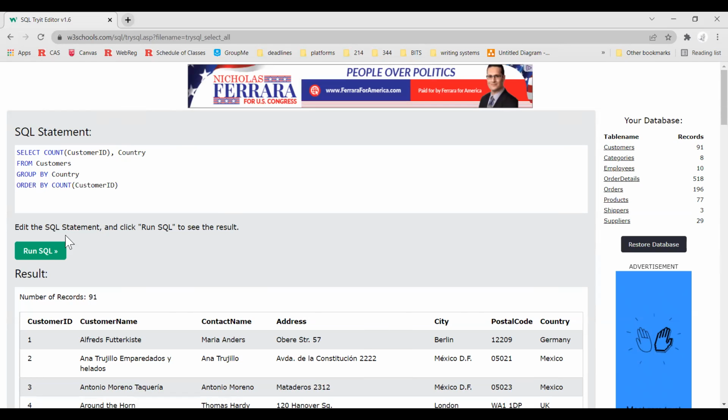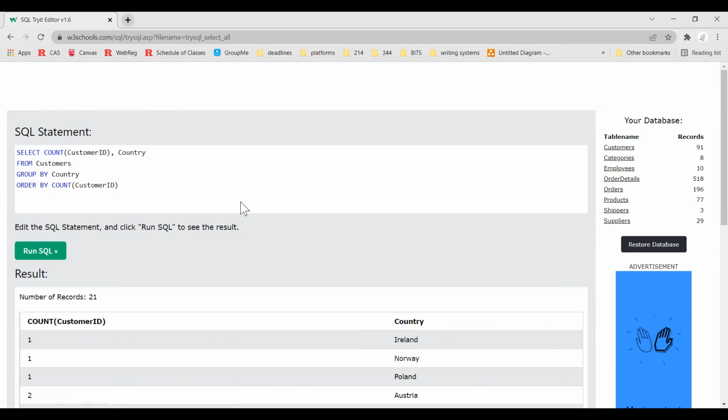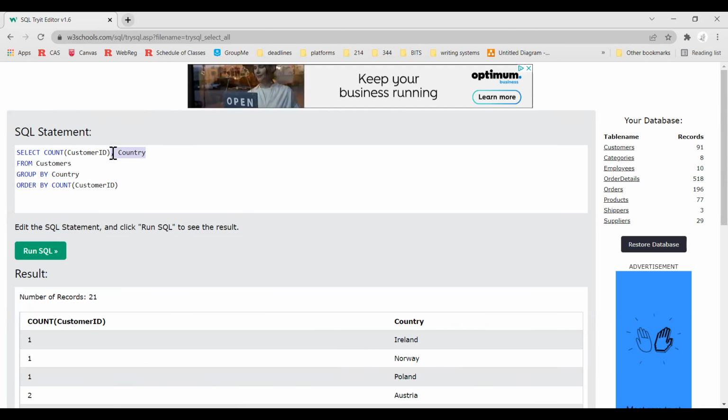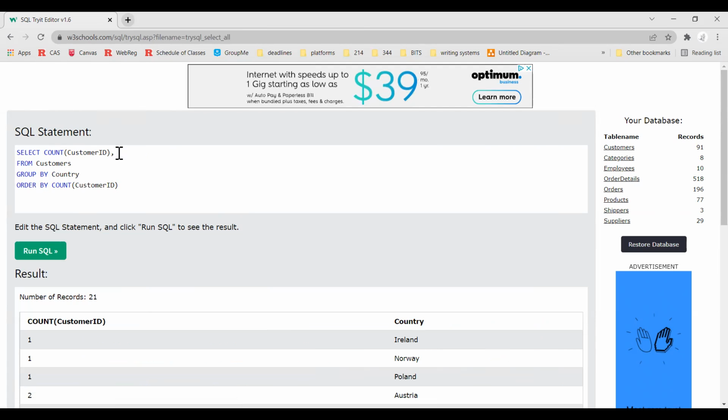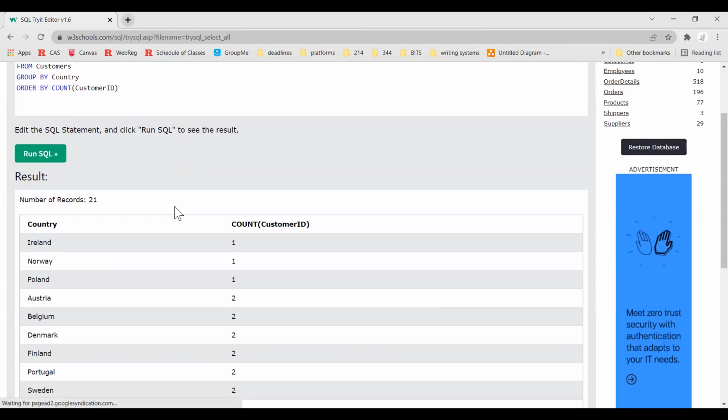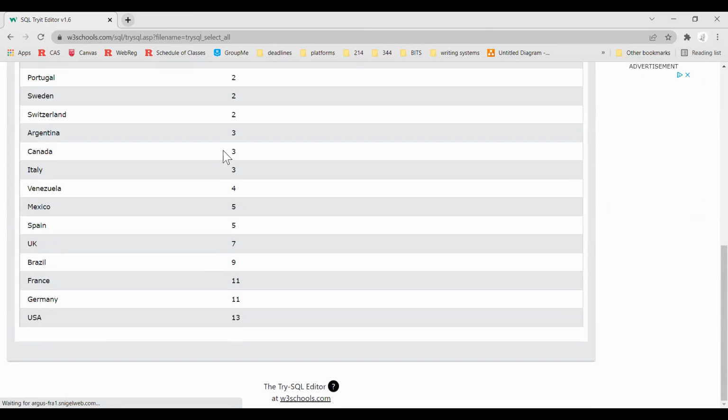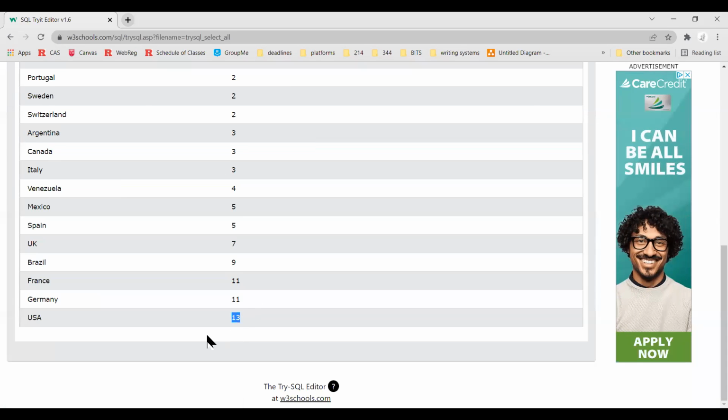We'll go ascending this time. Don't need a keyword. All right, and I should reverse this order just to make it easier, because that bothers me. Here we go. Next is US with 13.